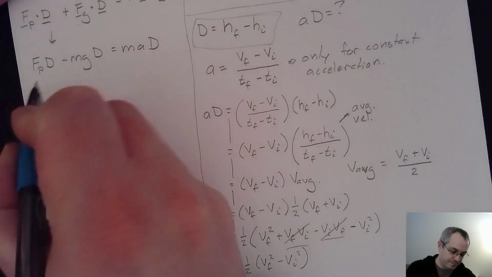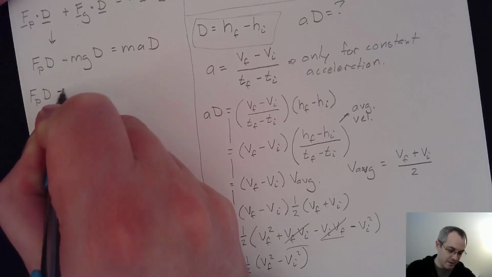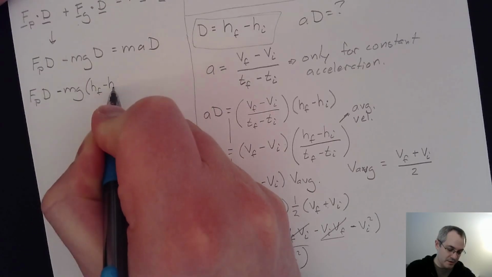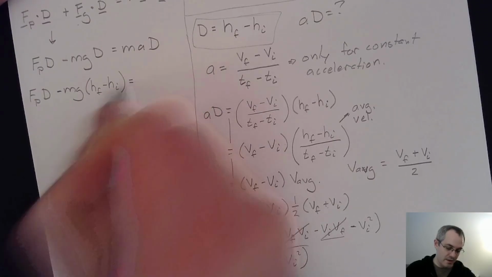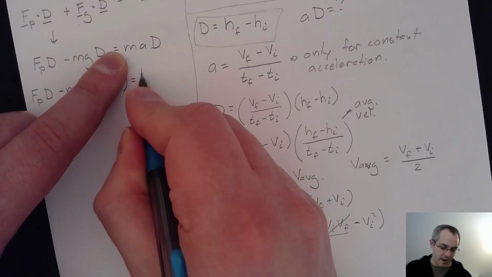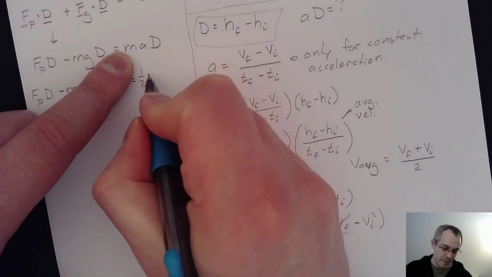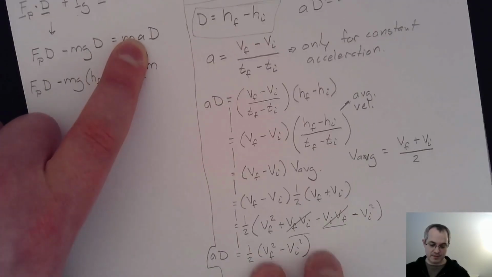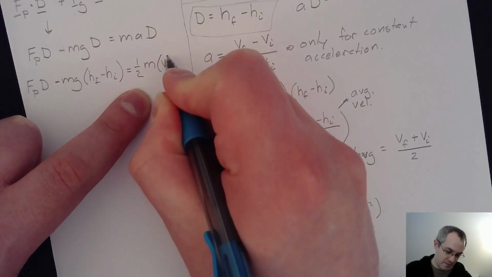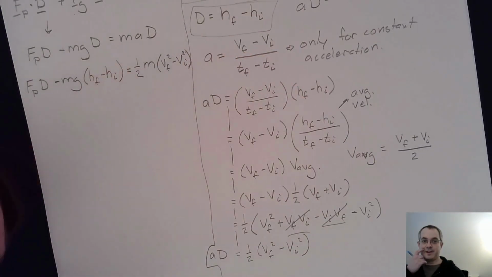So we get Fp times d minus mg, Hf minus Hi, equals, I'm gonna have to write on a second line here, 1/2 from that 1/2, and then the m here, and then the rest of a d, the difference of the squared velocities, Vf squared minus Vi squared, and I got it in there. Okay.